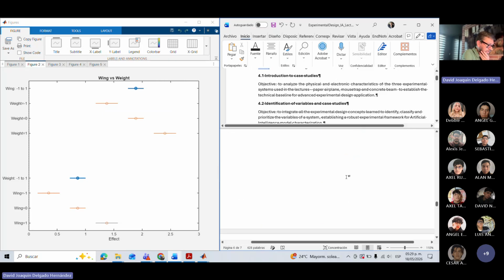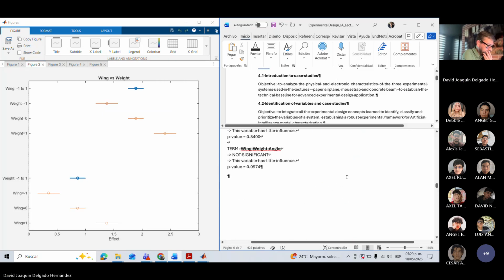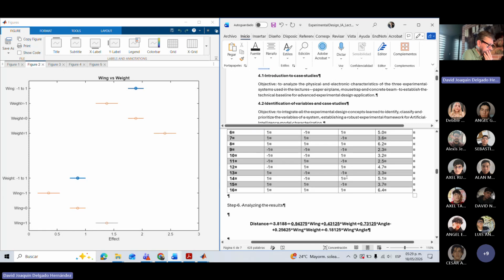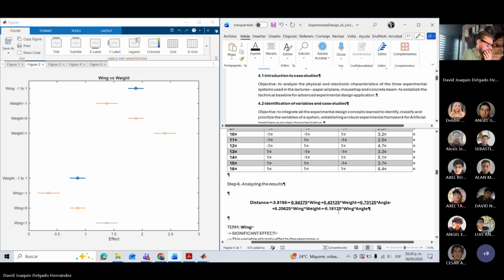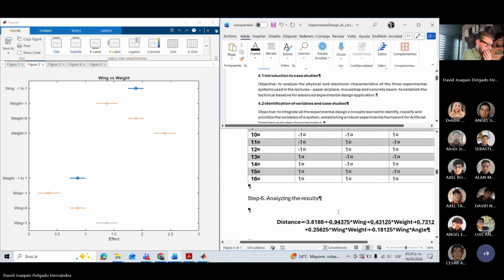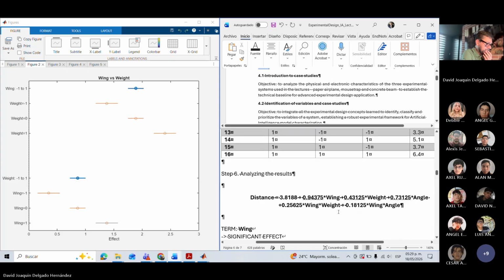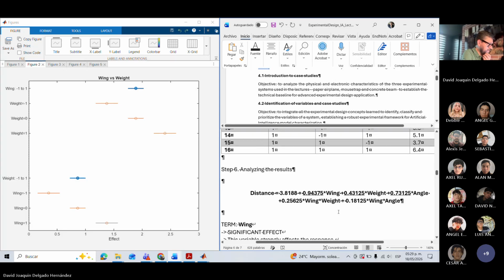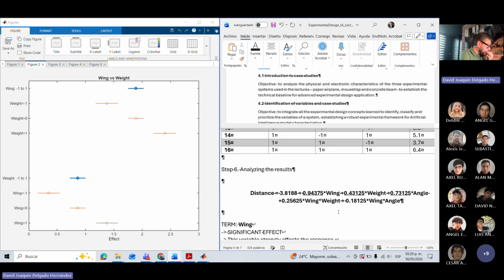Well, let us go back to the model. Here we are. What we can see here is that, yes, there is an interaction between these two variables.